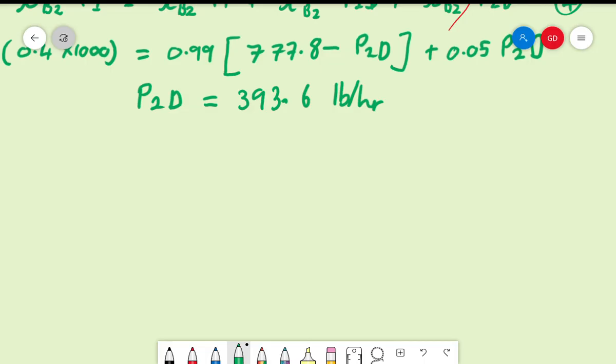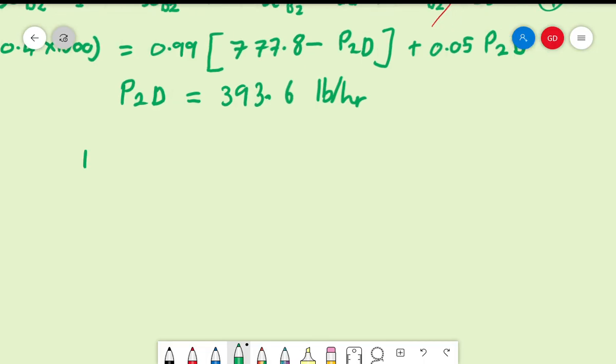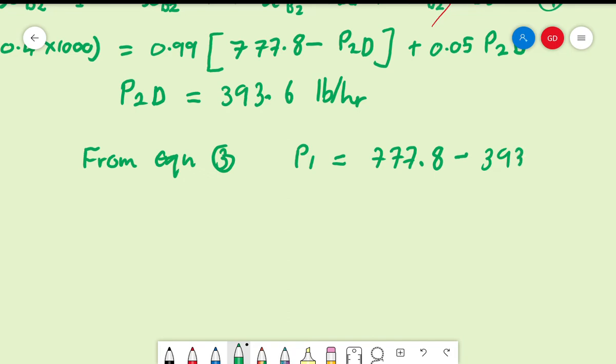So from equation 3, P1 is equal to 777.8 subtract 393.6. And what you get is 384.2. That is pounds per hour.